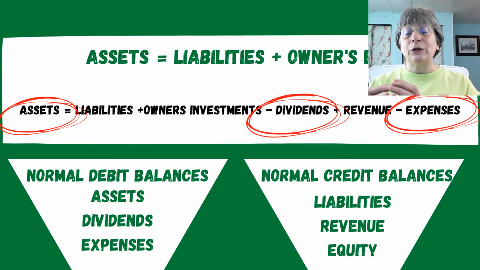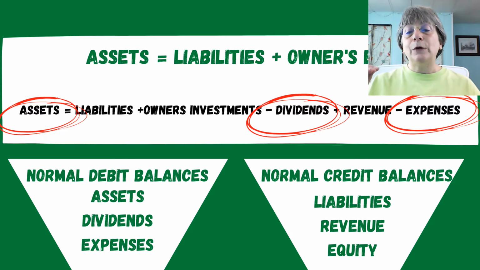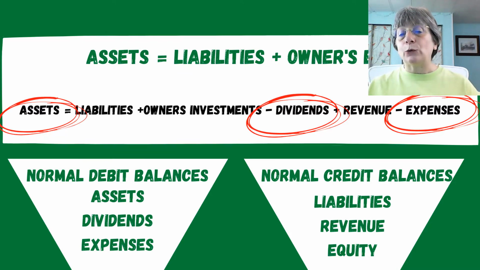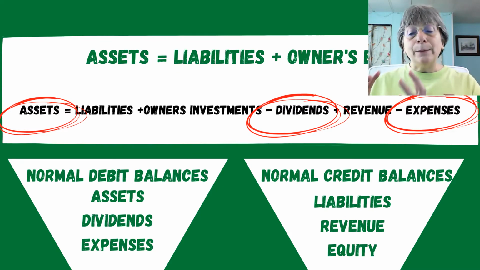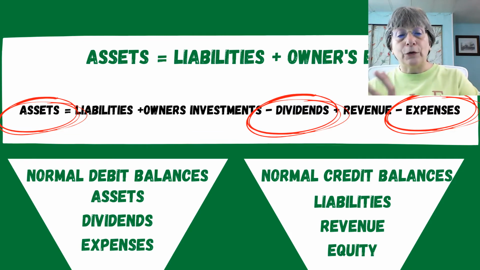We have dividends and we have expenses. So we said that owner's investments and revenue increase owner's equity, and dividends and expenses decrease owner's equity. So when we're talking about normal balances, assets, dividends, and expenses work the same. Liabilities, revenue, and equity work the same.